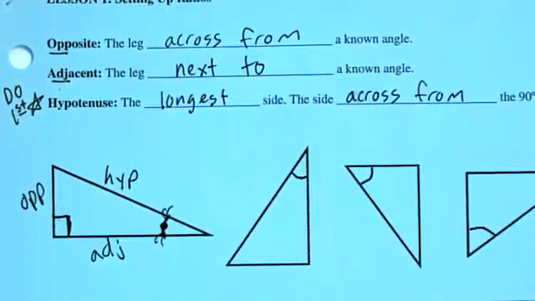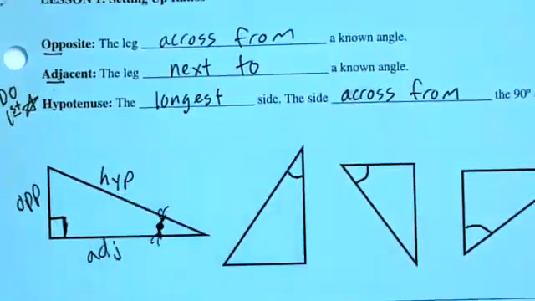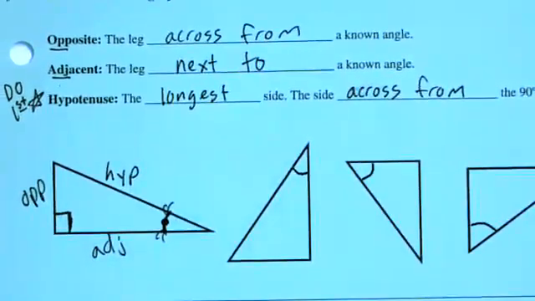Anybody want to guess why I encourage always labeling the hypotenuse first? Why do you think? It is the easiest. That's one of the reasons. It's the easiest, and you're used to doing it already. Why else do you think?